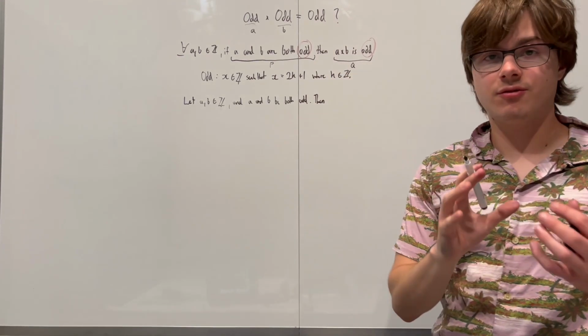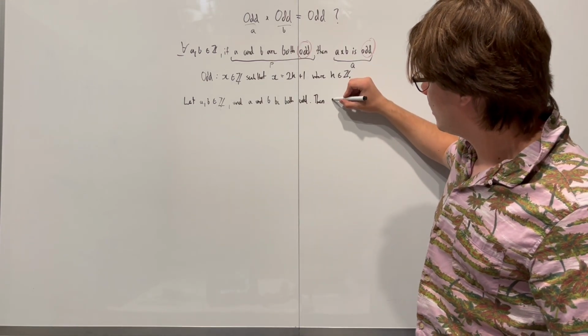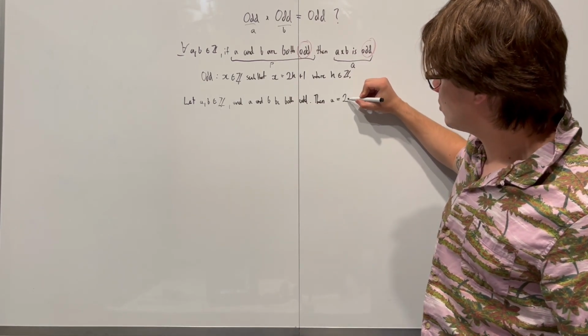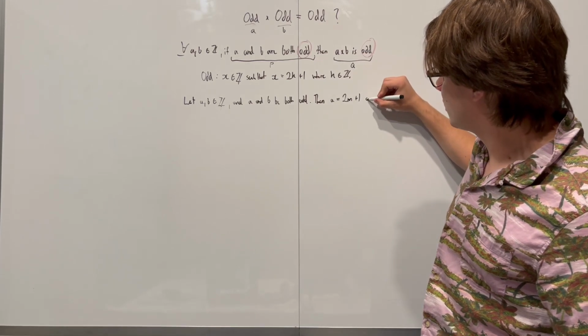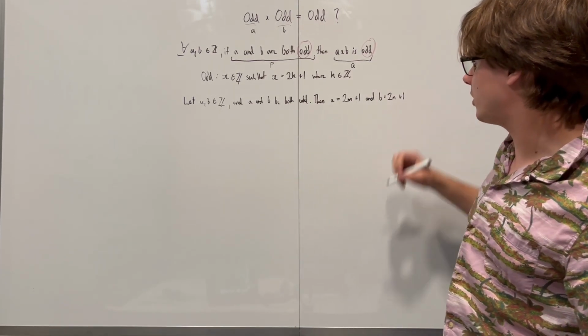Then let's define what we mean by odd for both of these. Then a is equal to 2m plus 1 and b is equal to 2n plus 1.